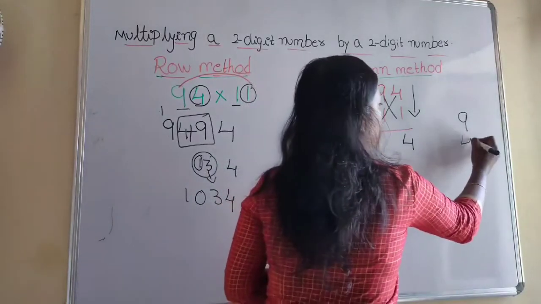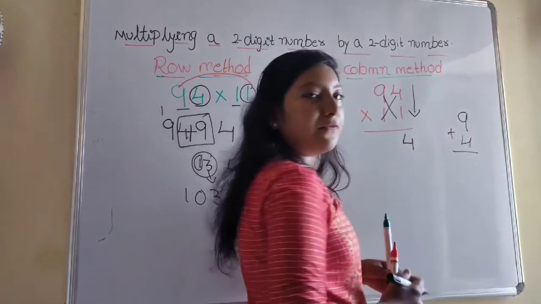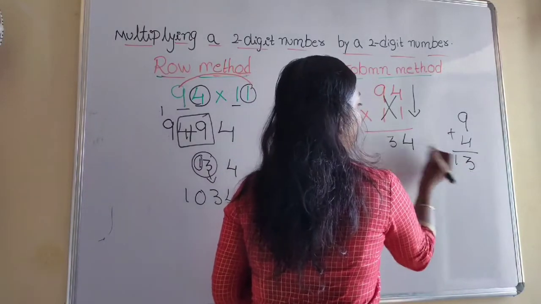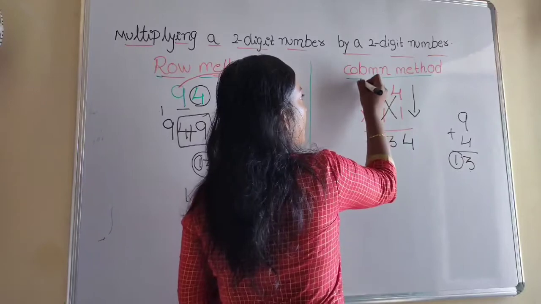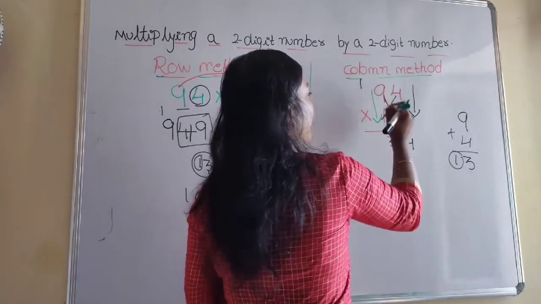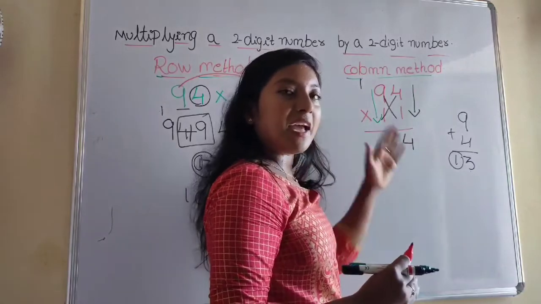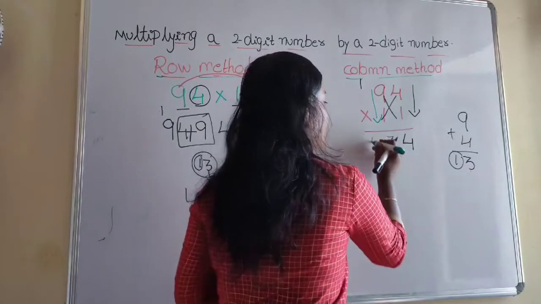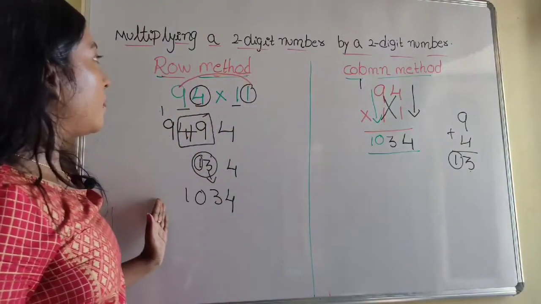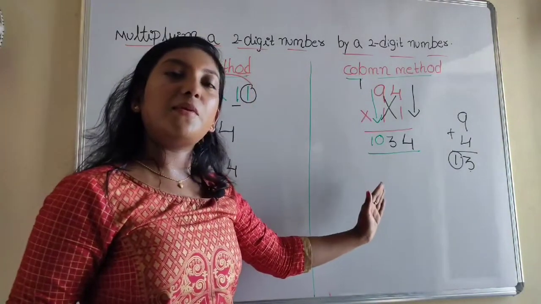So start adding these two numbers which we get 13. So 3 will be here and the carryover 1 will be at the top. Then use this. 9 into 1 gives 9. So 9 plus 1 becomes 10. 1034. If we observe both in the row method and column method, we got the same answer.